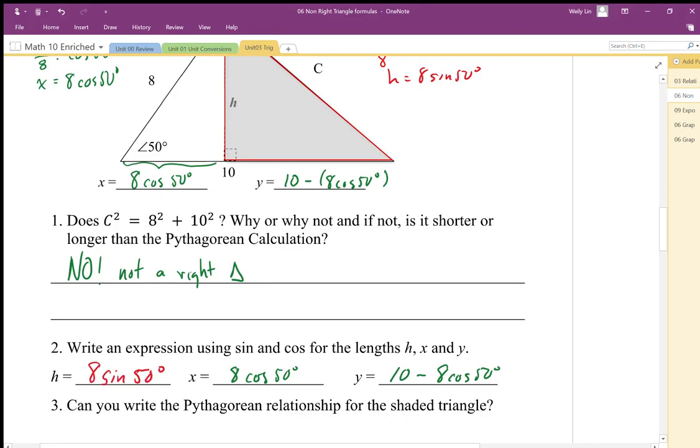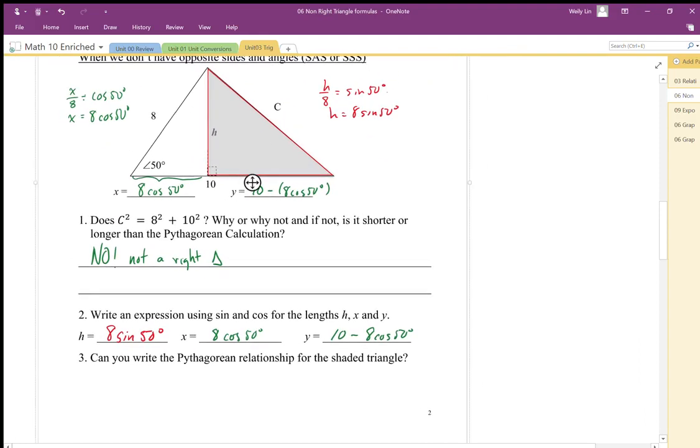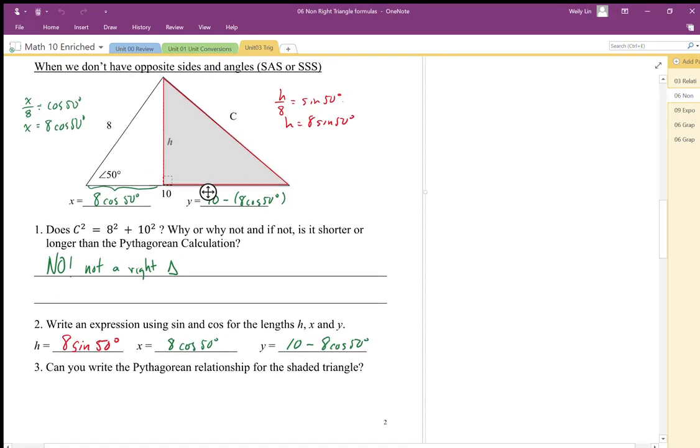There we go. Now, looking at just the shaded triangle, I'm going to write a Pythagorean relationship for that shaded triangle. It's going to look like this: h squared plus y squared equals c squared.